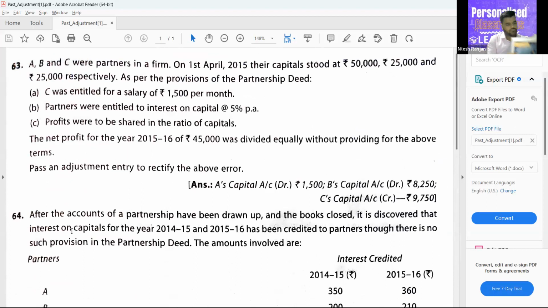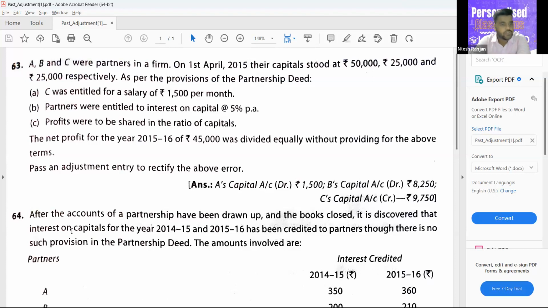As per the provisions of the partnership deed, C was entitled for a salary of rupees 1,500 per month. Partners were entitled to interest on capital at 5% per annum. Profits were to be shared in the ratio of capitals. The net profit for the year 2015-16 of rupees 45,000 was divided equally without providing for the above terms.